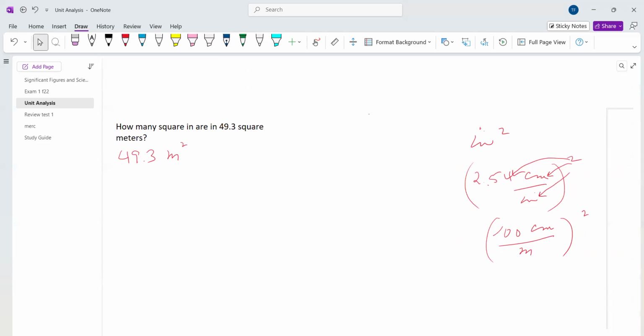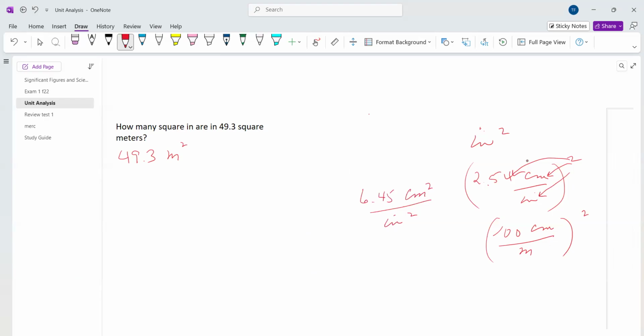So 2.54 squared is 6.45. Does everyone see where the 6.45 came from? We squared the 2.54.